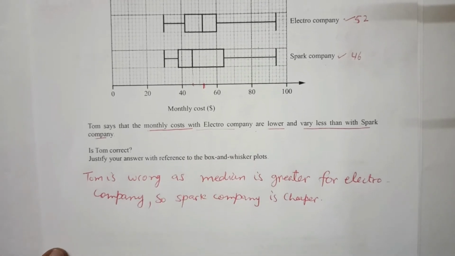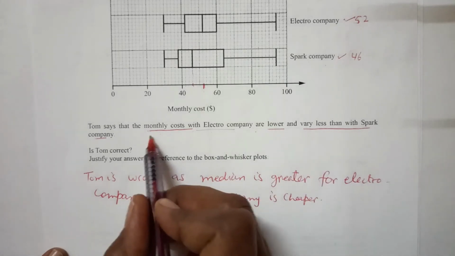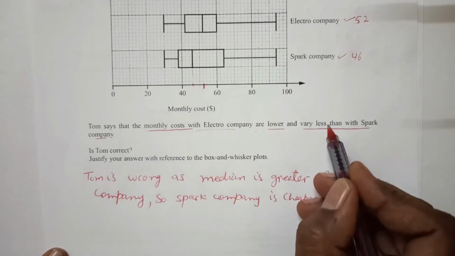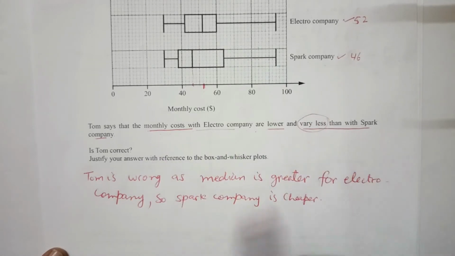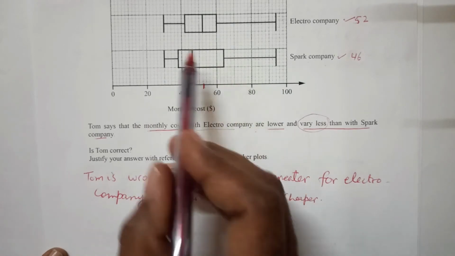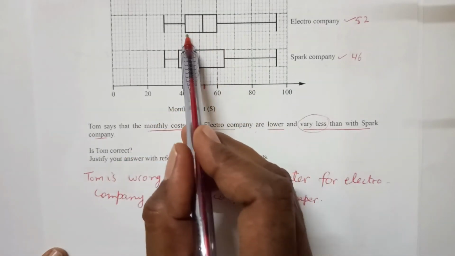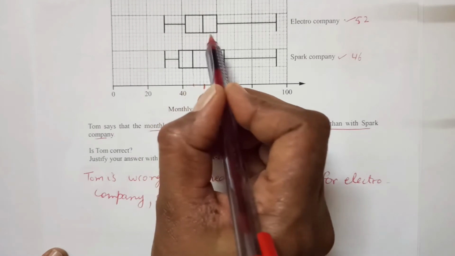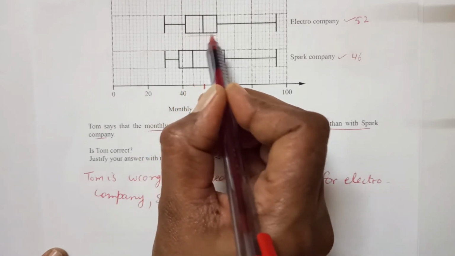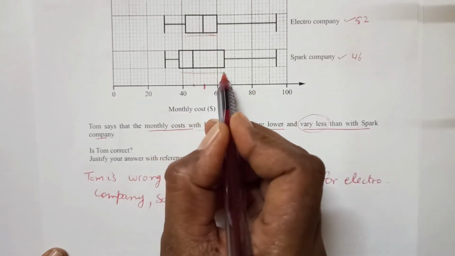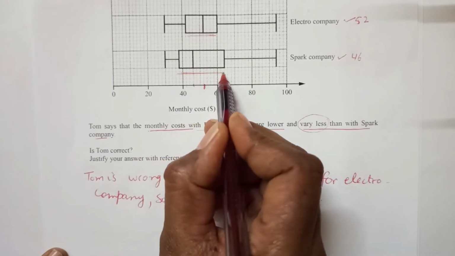Now the second part, he said the monthly cost varies less than the Spark company. If we see the interquartile range of the Electro company, this is smaller, and this interquartile range of Spark company is bigger.